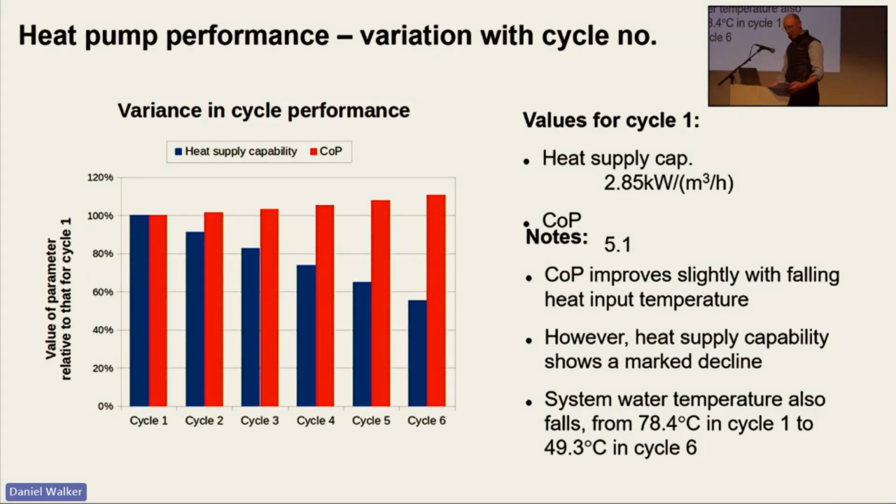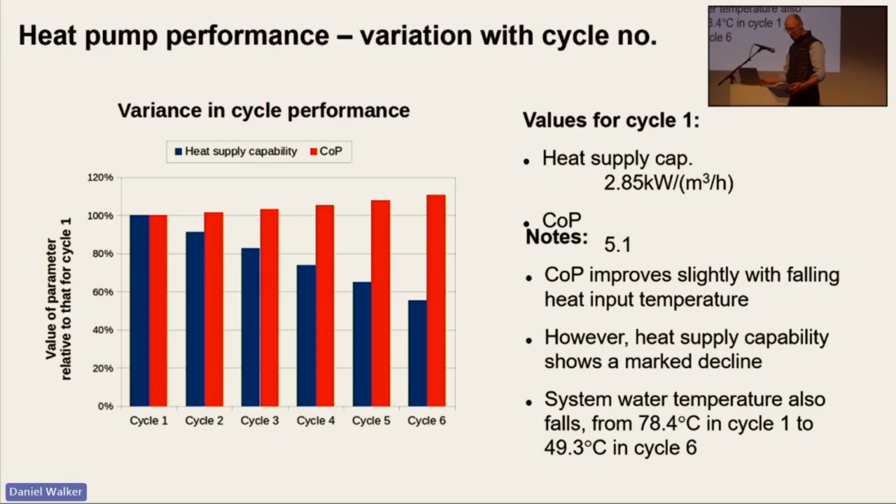Now this slide shows how the overall performance of the heat pump system varies between cycle 1 and cycle 6. In cycle 1, the heat supply capability is 2.85 kilowatts for each volumetric unit of flow capacity at the compressor suction. Then as we move from cycle 1 to cycle 6, that capability drops away by more than 40%.